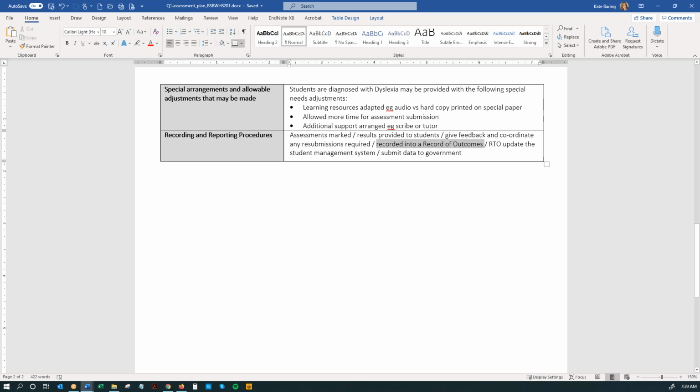Then we would complete what we call our record of outcomes, which is like your final sign-off for a unit of competency once you've collected all the evidence. We would then pass this on to the RTO, who would update this in the student management system, in the student record, and as part of that they would then submit data to the government. So that's kind of a brief summary of the recording and reporting procedures.